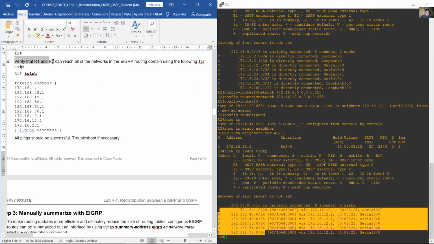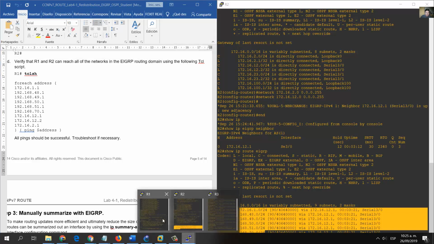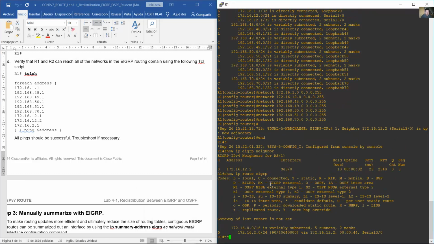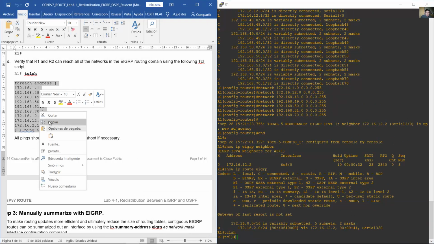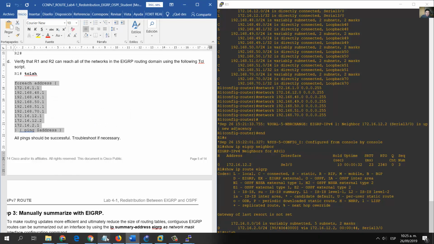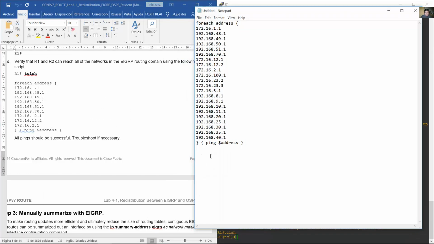Verify that R1 and R2 can reach all the networks in the EIGRP routing domain. Okay, go to R1, TCL shell, and paste this script.